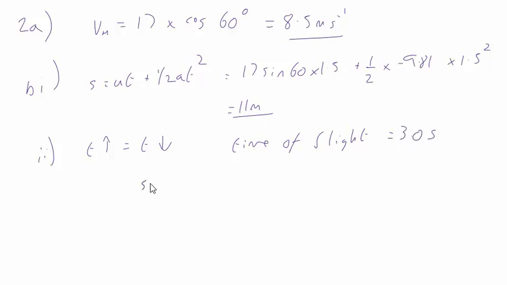We know that distance is speed times time, and this is 17 cos 60 times 3 seconds, and that comes out at 25.5 or 26 meters.